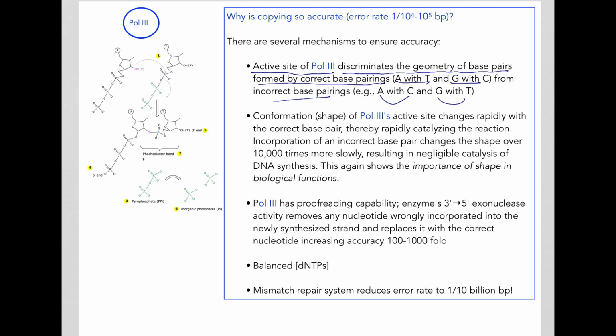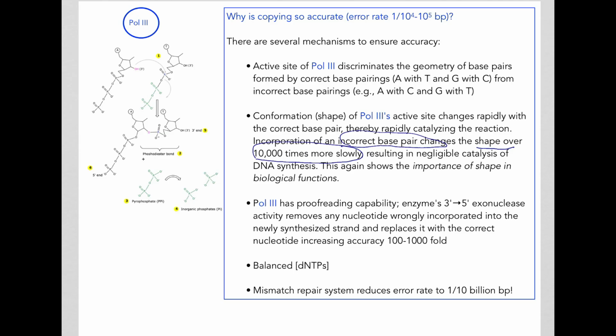If the correct base pair enters the active site, then the active site very, very rapidly changes its shape, its conformation, thereby very quickly catalyzing the reaction, very fast catalysis. However, if the incorrect base pair comes to the active site, then the enzyme shape changes 10,000 times more slowly.